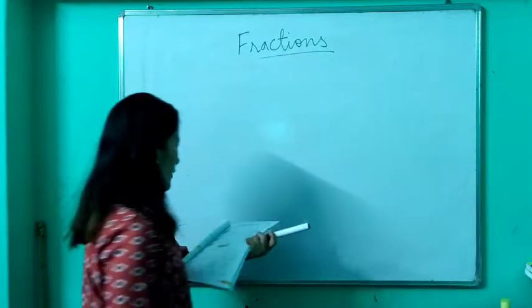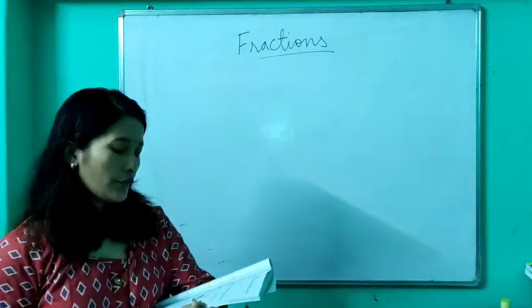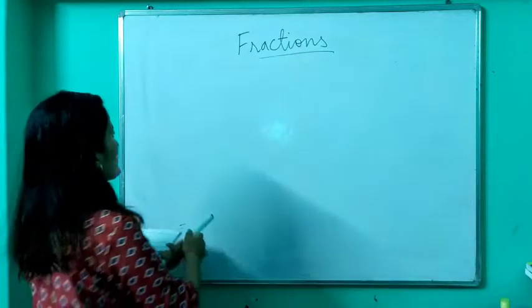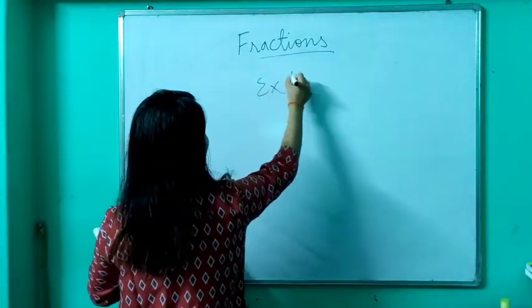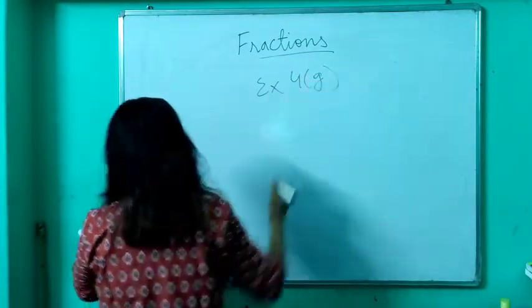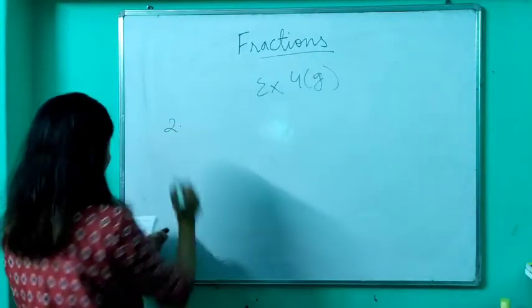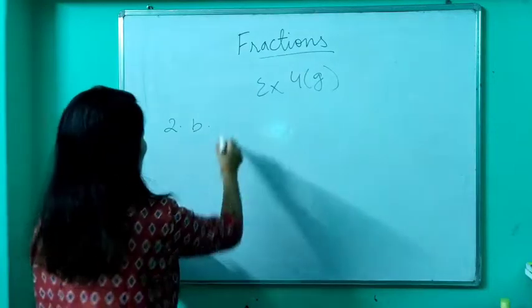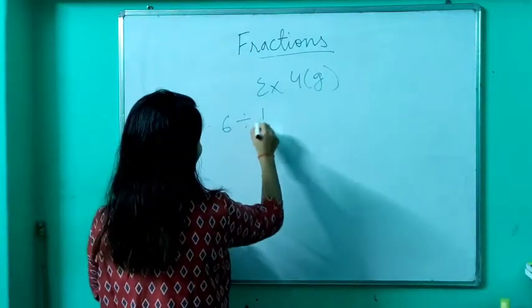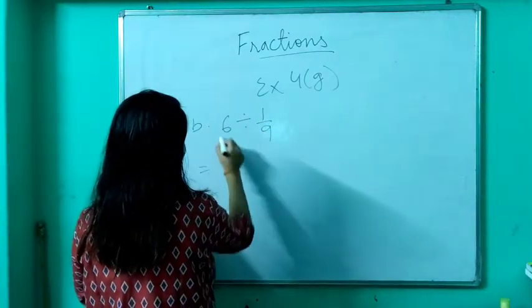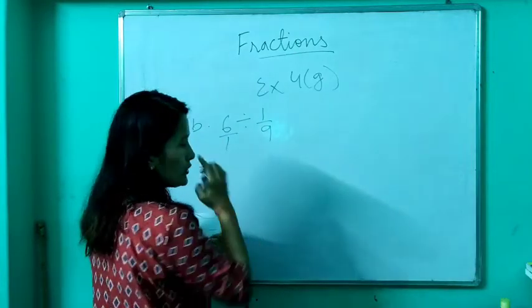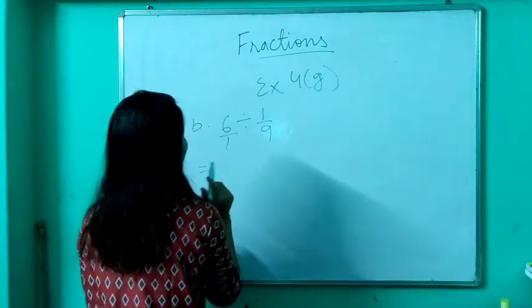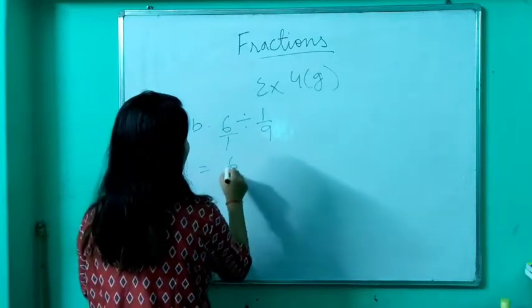Now let us carry on with the division of the fraction from exercise 4G. Exercise 4G, question number 2, that is divide. I will take up question number 2B. So the question is 6 divided by 1 by 9. If you do not have anything in denominator, place 1 to it. So 6 by 1.